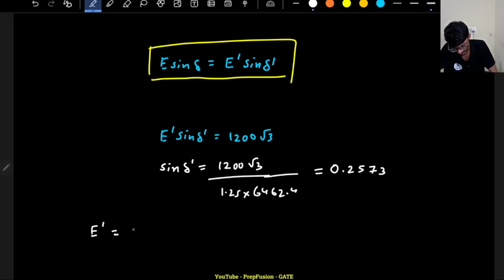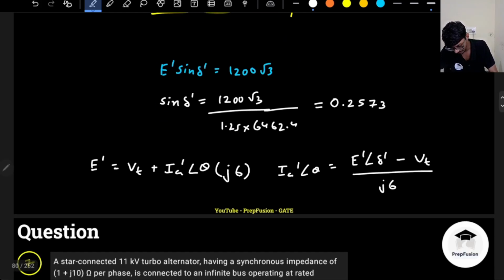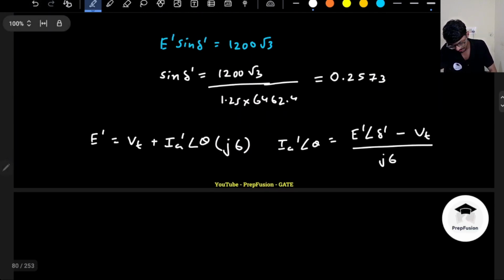Again I can use the previous equation. E dash will be equal to Vt plus Ia dash angle theta into J6, and this time I don't know theta. So Ia dash angle theta will be equal to E dash angle delta dash minus Vt, divided by J6. From here I can easily find everything.